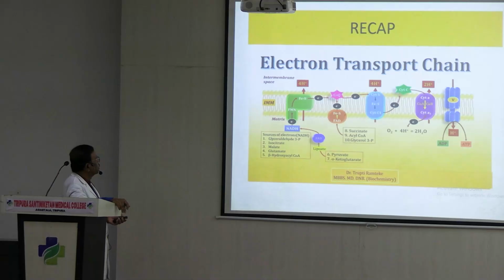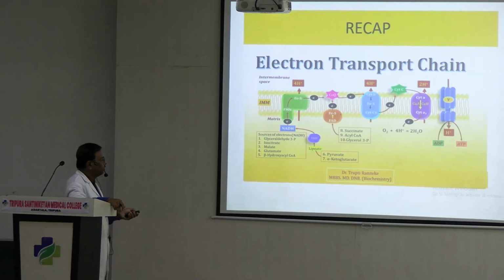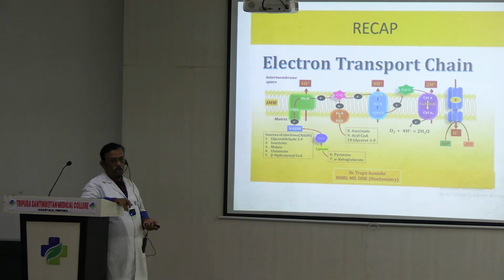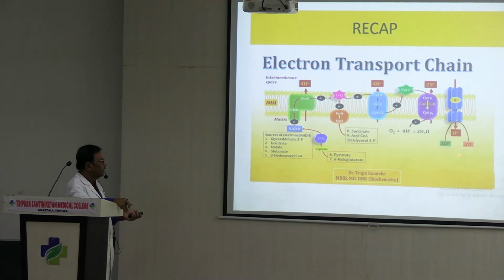So this is in short: the proton gradient is created in the intermembrane space and passed through complex 5, and with the rotation of the FO subunit there is synthesis of ATP from ADP.